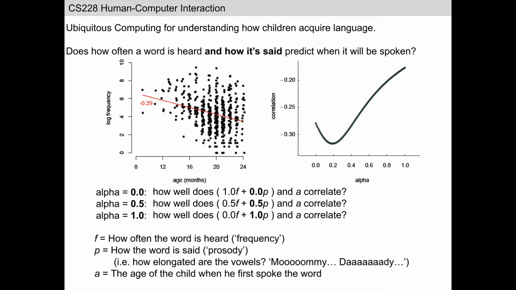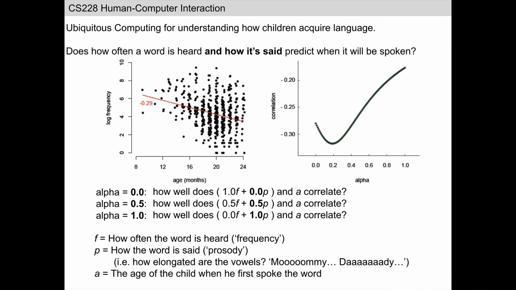Let's take every word that was uttered by the caregivers or by the child, and let's also measure for that word, not just frequency, how often the word was spoken, but its prosody, how that word was spoken on average by the caregivers. In this study, they looked at one particular prosodic feature, which is what's often known, sort of tongue-in-cheek, as mommy-ese. So this is sort of baby talk.